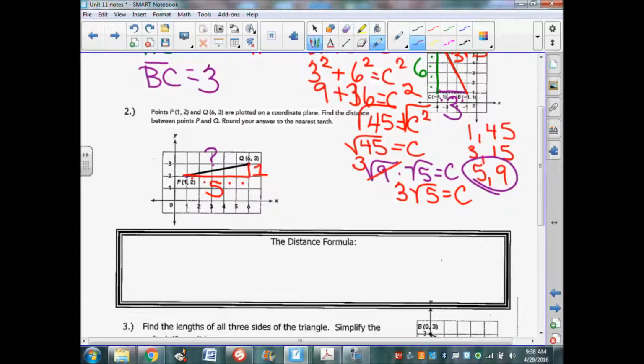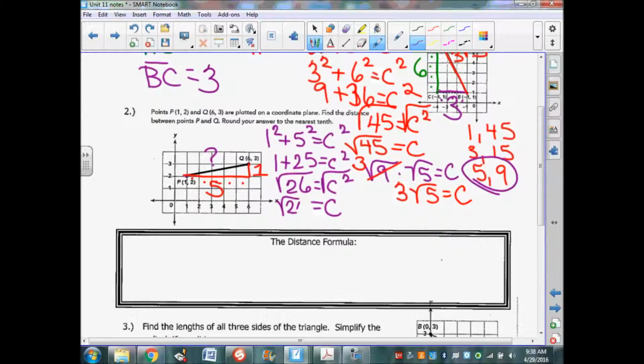Pythagorean theorem. Leg squared plus leg squared equals hypotenuse squared. 1 plus 25 equals c squared. 26 equals c squared. Take the square root.